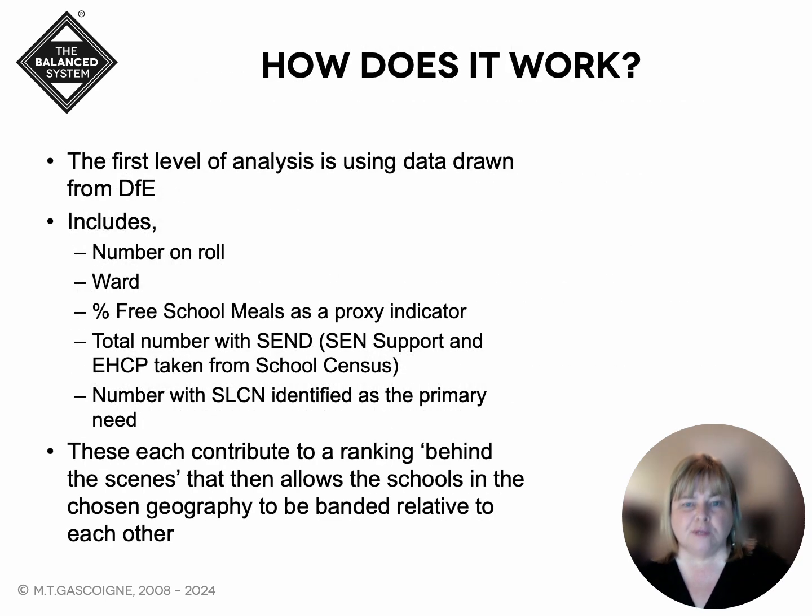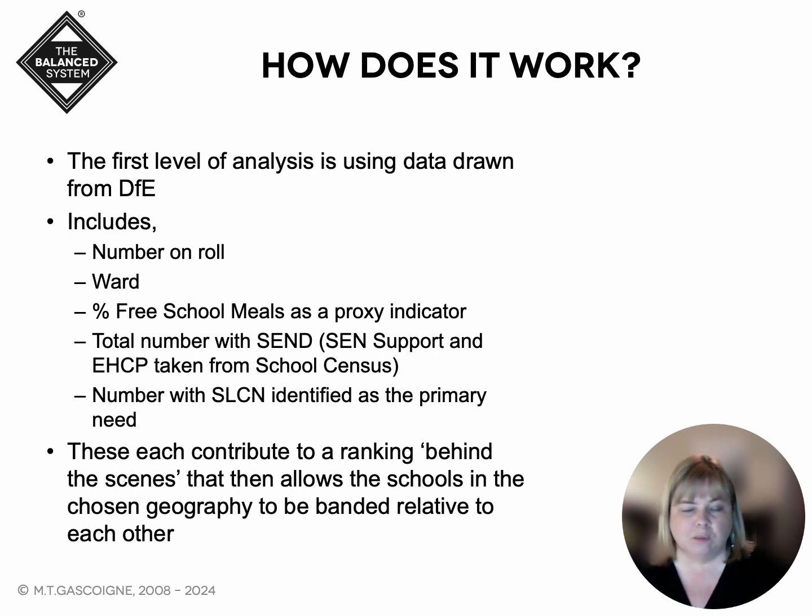The process that we go through and how it works is a number of levels of analysis. The first sweep through doesn't involve any information coming from the service, but pulls information from the DFE.